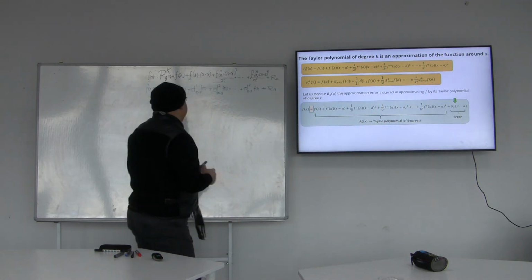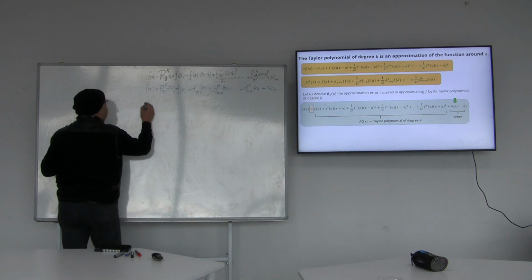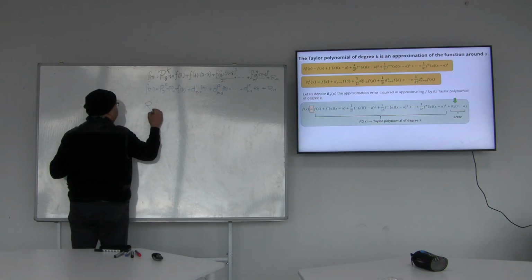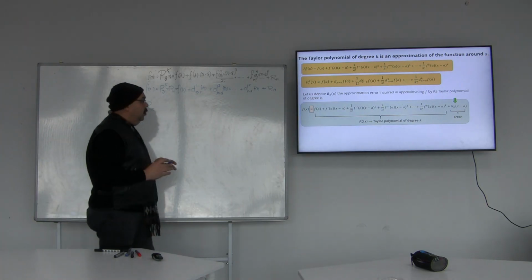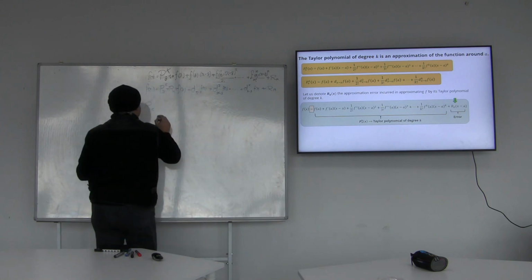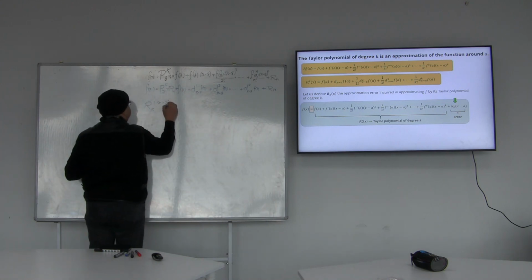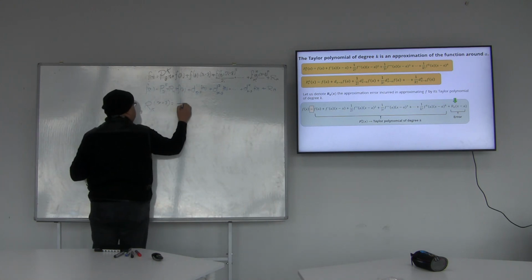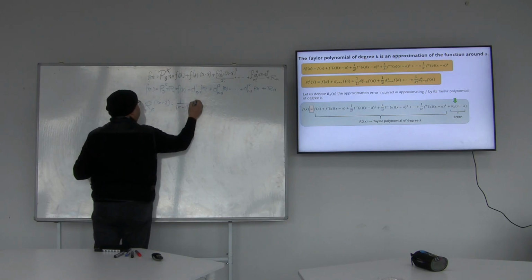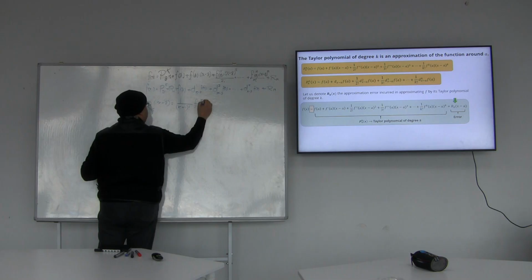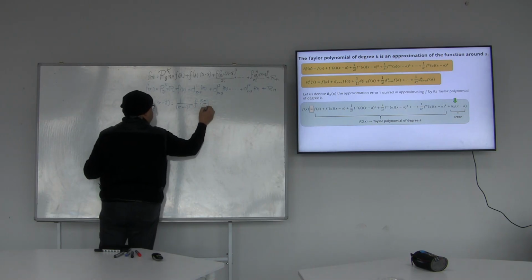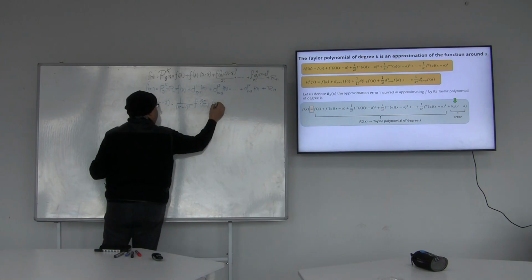So if I want to write Rk, or Rn for R of order k, as a function of x minus a, it would be like this: 1 over (k plus 1) factorial times f of (k plus 1) at point c, and this is times (x minus a) to the power of k plus 1.